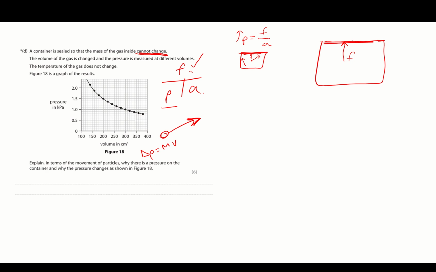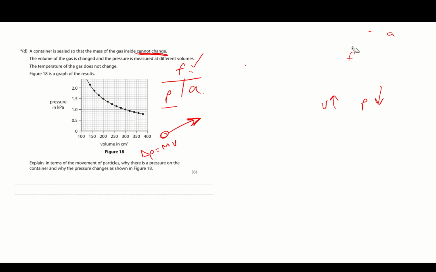This one here has a huge area across there. So pressure equals force over area. And again, that goes with the idea as volume increases, pressure decreases. So we've got these two parts: the distance that the particles are moving, and then how their force is over a larger area and the pressure goes down. So now we're just going to word all of that together, and I've highlighted the keywords to get in there. So we're going to use these two equations.